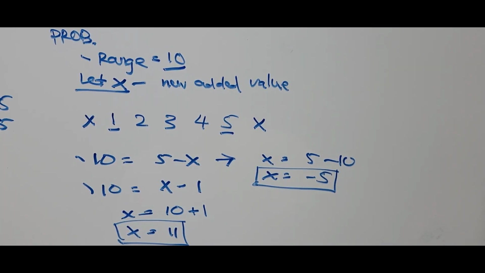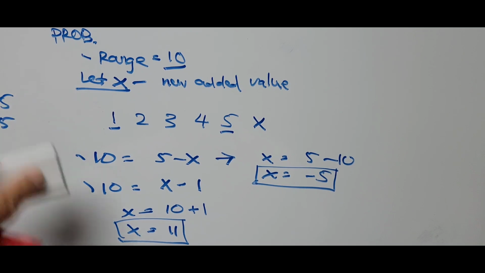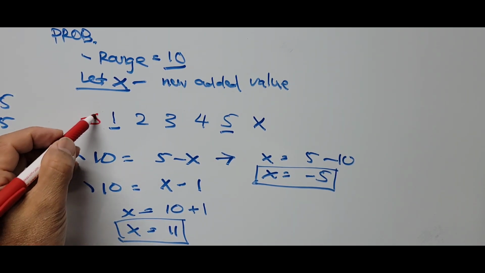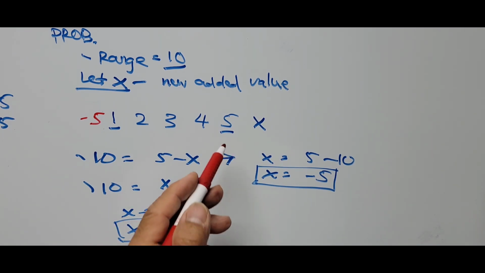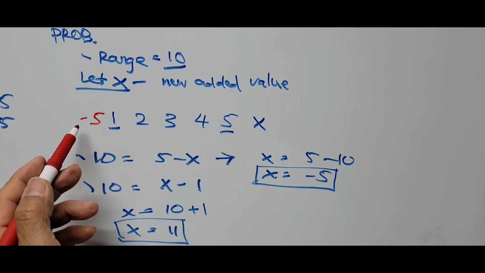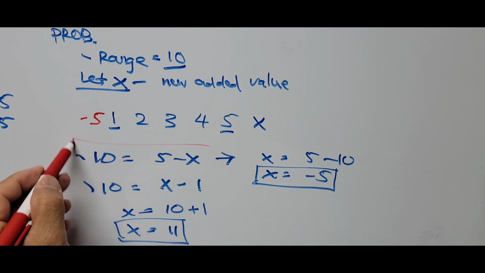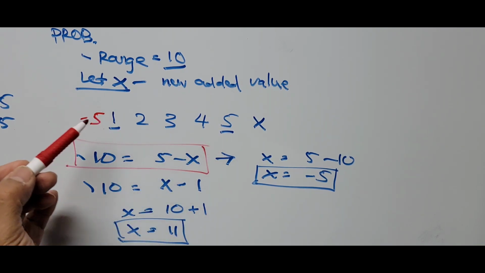And to verify if our answer is correct or wrong, we have to refer back to this set of values over here, and we just put the value of x that we found, negative 5. We're talking about this equation right here: 10 equals 5 minus x, and x is negative 5. So 10 equals 5 minus negative 5.